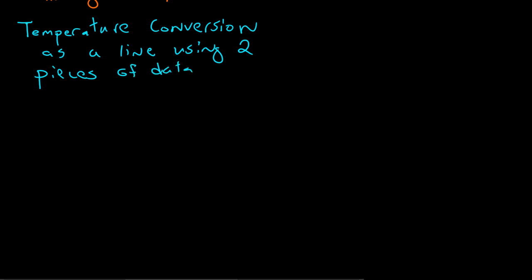Alright, so let's draw a place to put our lines. Let's draw our points of data. And what I'm going to do here is I'm going to let everything I know about lines help me here. So we're going to say I want my answer to be in Fahrenheit.